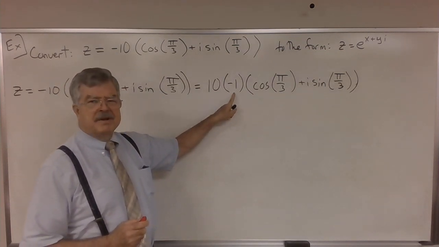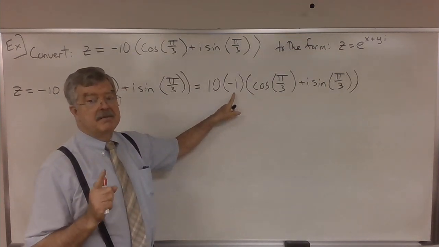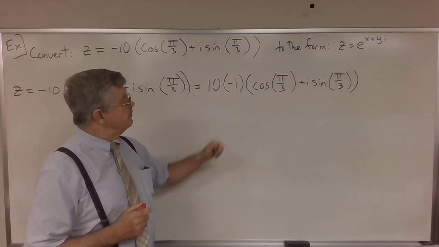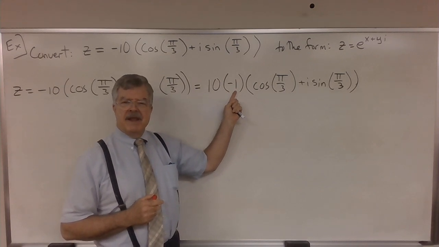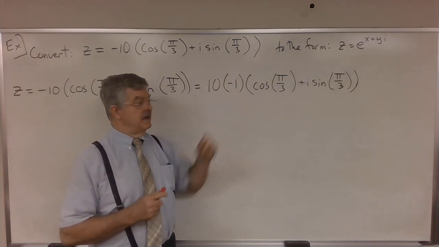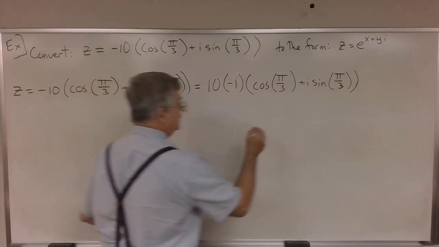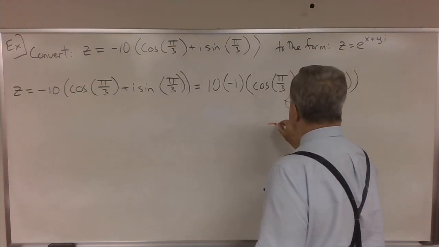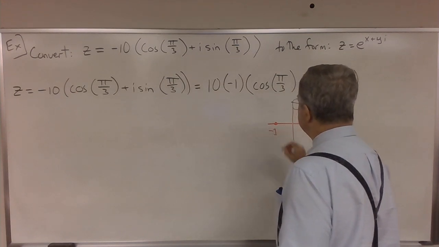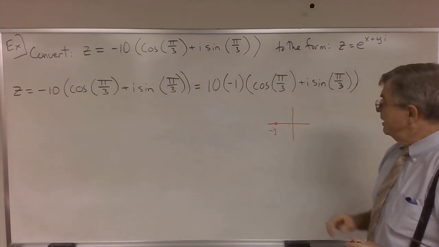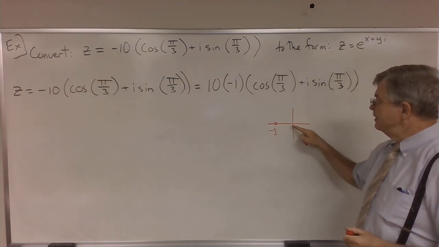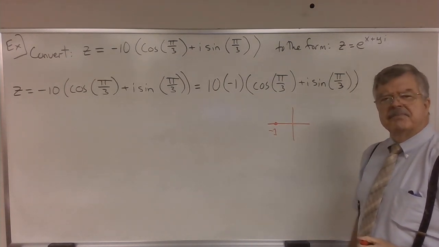But what if we were to take this thing and write it in polar form? It's easy to do because think of where -1 is in the xy plane. -1 is a point on the x-axis, 1 unit to the left of the origin.